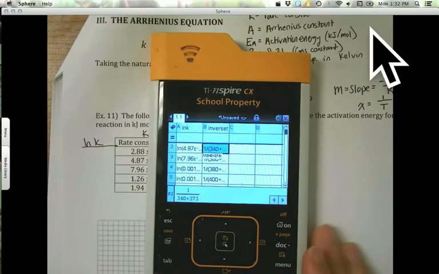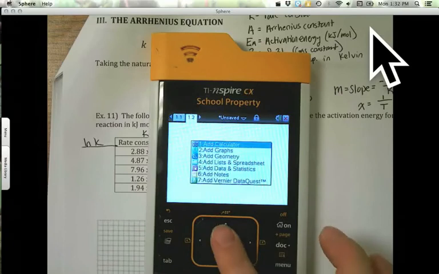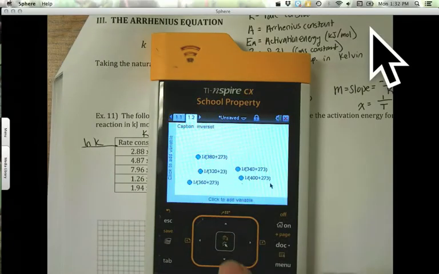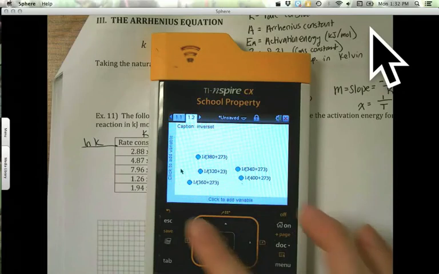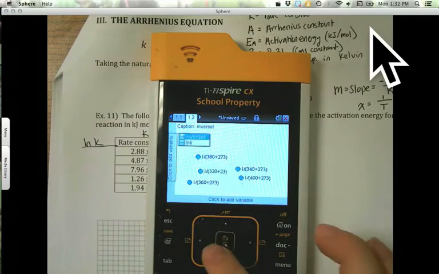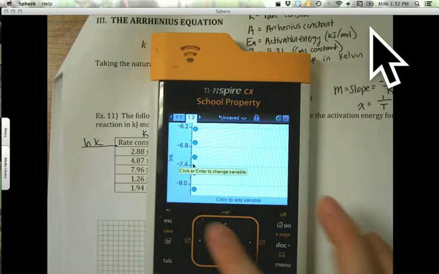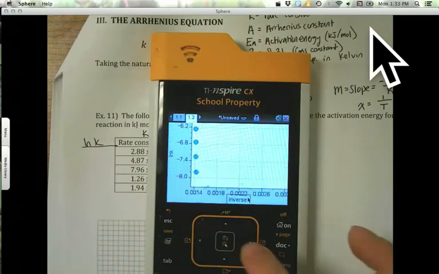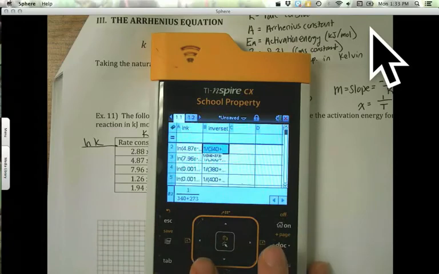Okay, so I'm going to add a page, and I'm going to add data and statistics. I'm going to go over here and click on the y-axis, and I want the natural log of k on the y-axis, and on the x-axis I want my inverse of my temperature. And look, we get this line that should be linear. Let me go back a page and look at what I put in.